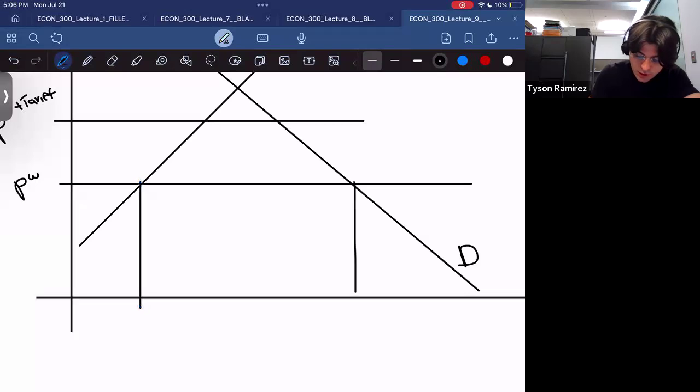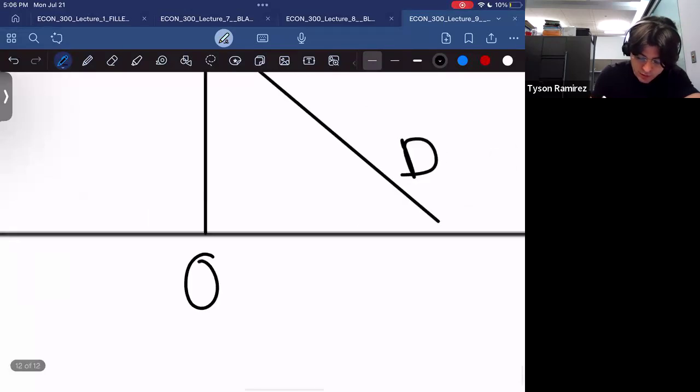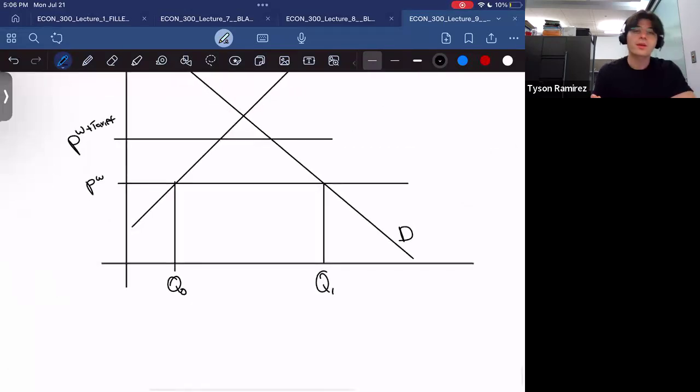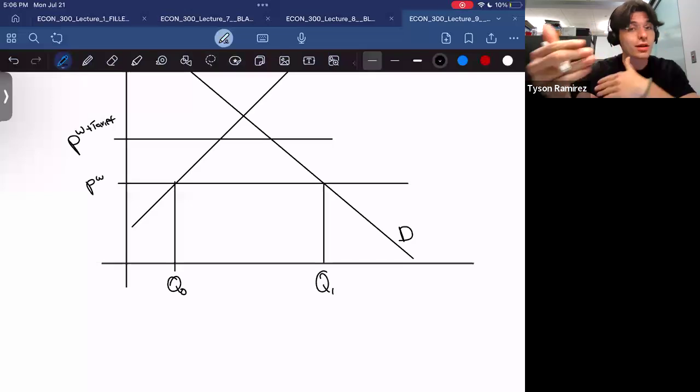So we remember that this was our original. We had Q0 and Q1. Well, now if we enact a tariff, the effective price has gone up, and our domestic producers are able to sell a little bit more.